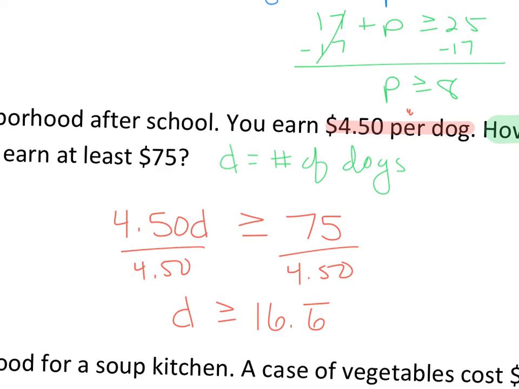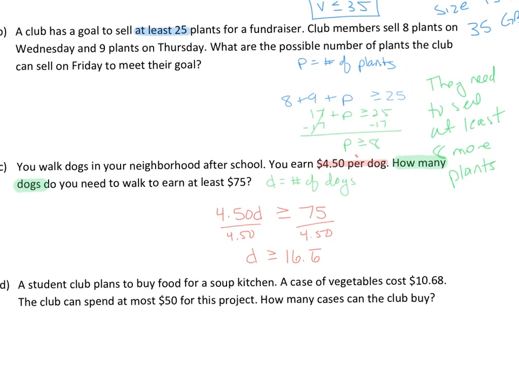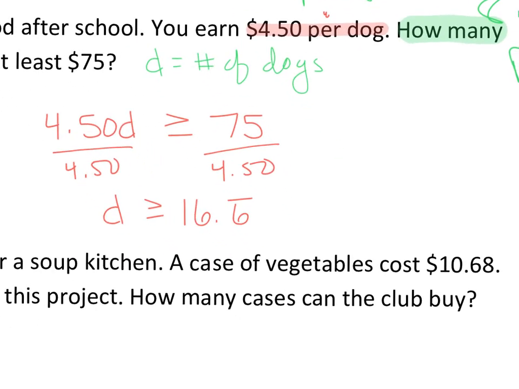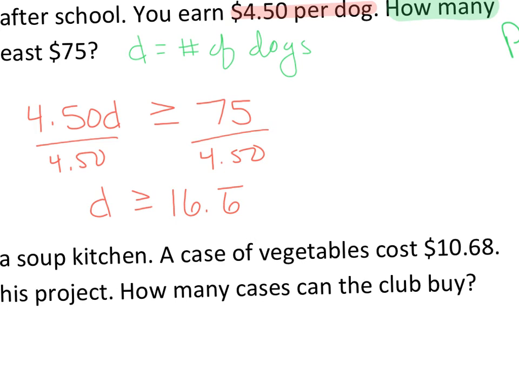16.6 repeating. Now, let's think about this for a second. We can't have 16.6 of a dog. That'd be a sad dog. All right, so in this case, we're going to need to round it up to 17 dogs. They aren't going to earn enough money until they've walked that 17th dog.